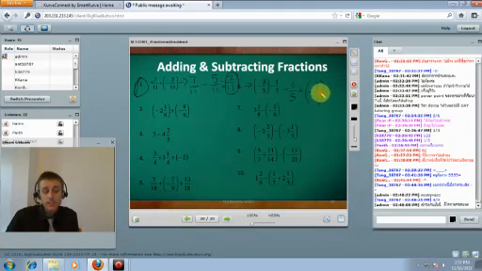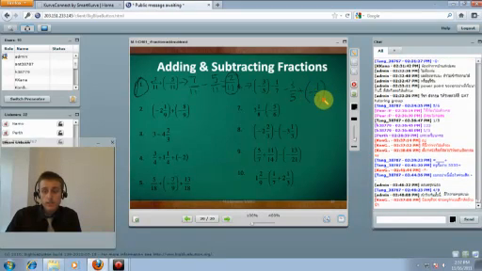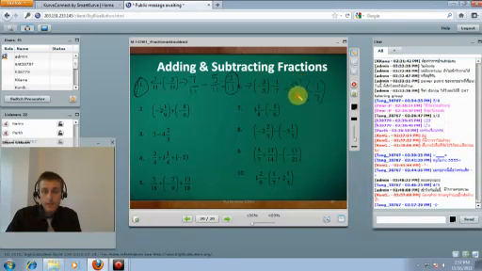We have to find the least common denominator of 5 and 7. The least common denominator for this would be 35. 5 times 7 is 35, and 7 times 5 is 35.